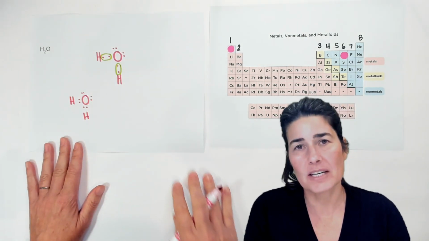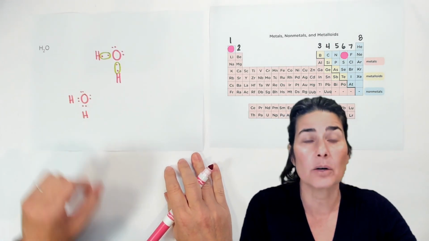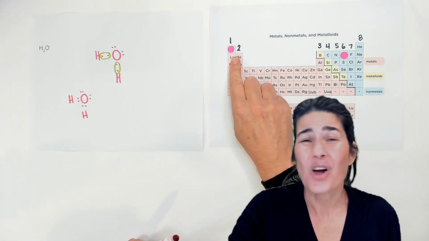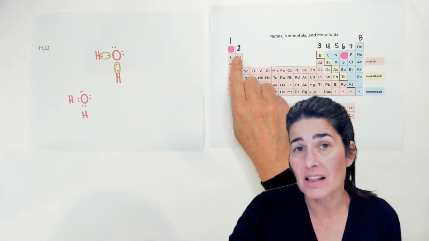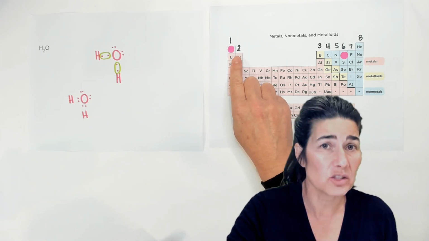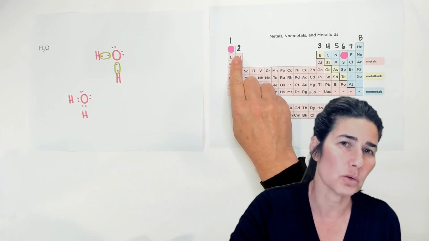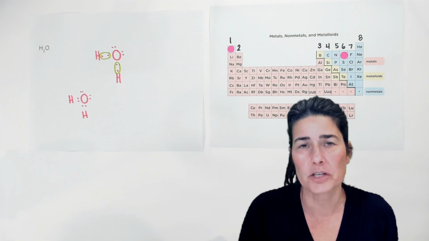Now, oxygen has completed its octet. It has 2, 4, 6, 8 around it. Hydrogen, being the smallest atom of all, only gets 2 electrons around it. The first shell is full with 2 electrons. So don't ever try to make hydrogen have more than 2 electrons. This is complete, and that's a good Lewis dot structure.